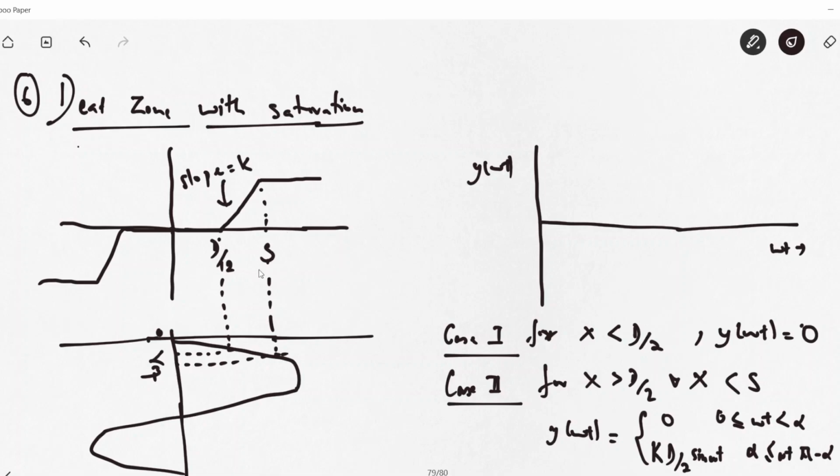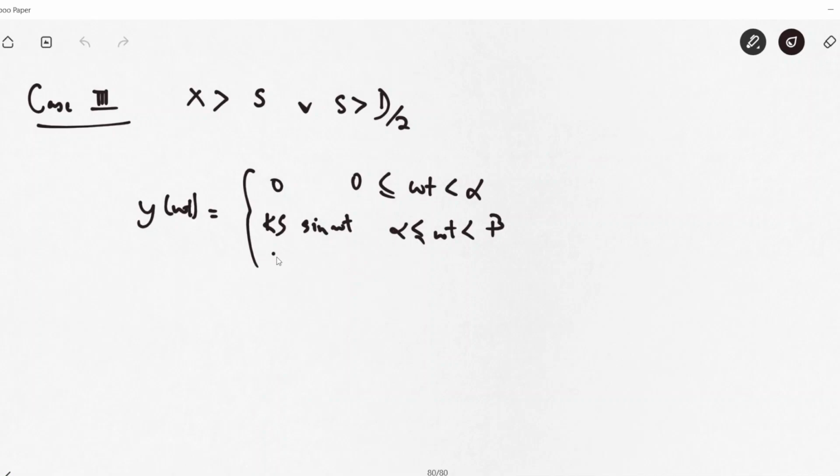From alpha to beta, the output will match the linear curve, and in this case that is k x sin omega t. Then from beta to pi minus beta, it will be equal to the saturated output, say for example, it is m.